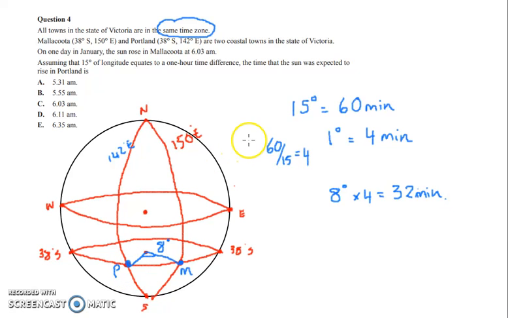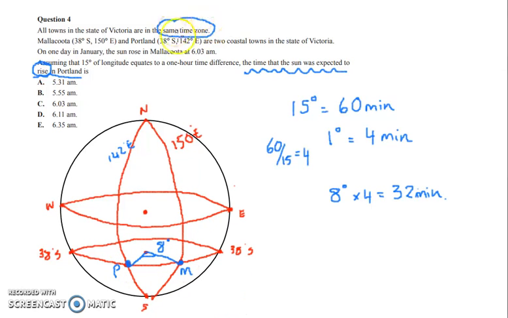But what this question is actually asking is the time the sun is expected to rise in Portland. So the key word is rise. When the sun gets to Mallacoota, Portland is still dark. So we've got to wait 32 minutes later for the sun to hit Portland. That's what the question is actually asking.